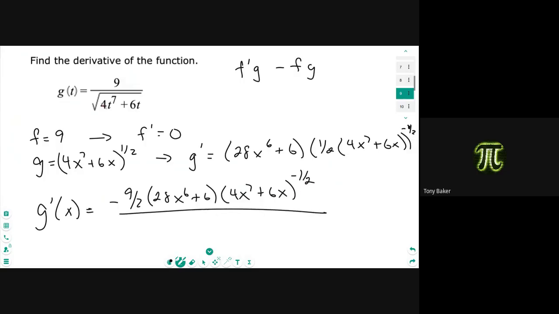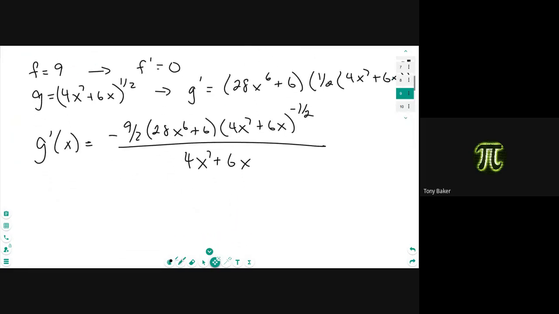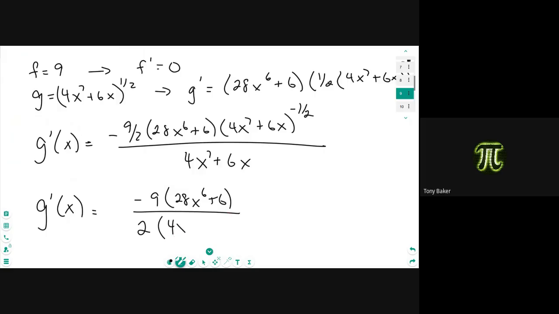Over the square root squared, which is just 4x to the 7 plus 6x. And that's it simplified.